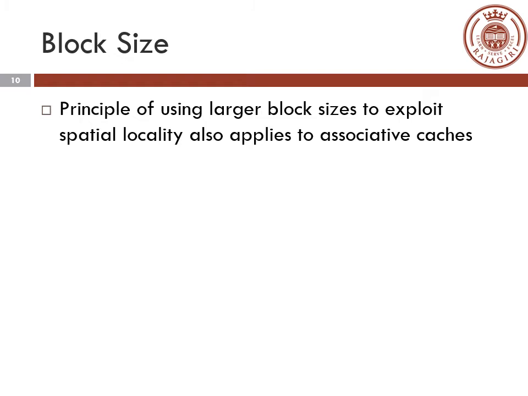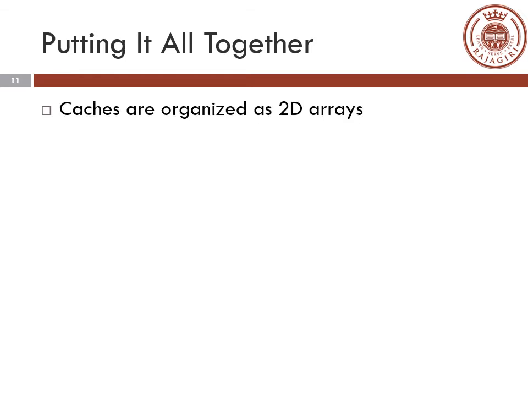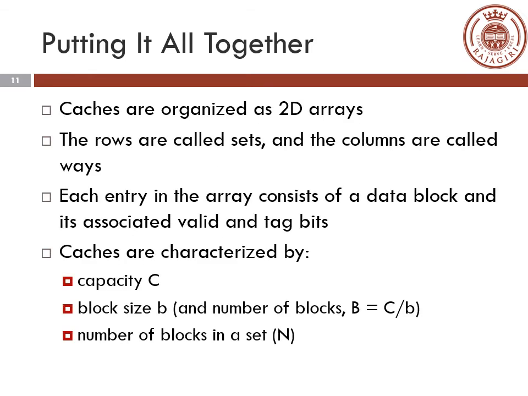Now this large block size principle is good for spatial locality, and it can also be applied in associative caches. As a summary, caches are organized as a two-dimensional array.